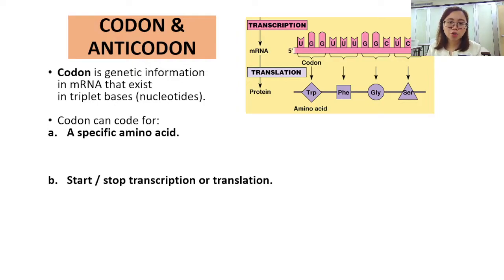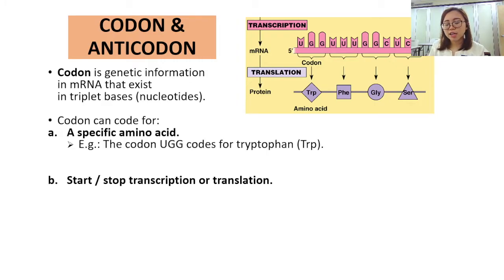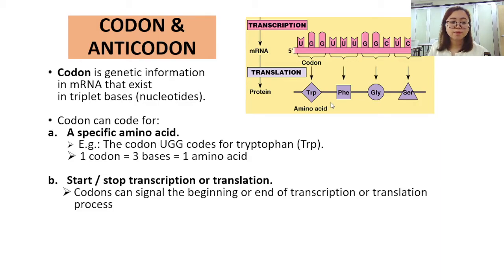So if your codon is coding for specific amino acids, say for example, your codon UGG codes for amino acid tryptophan, shortened to TRP, then you're basically taking a codon, which is 3 bases in mRNA, looking at that code and understanding that it translates to 1 amino acid.